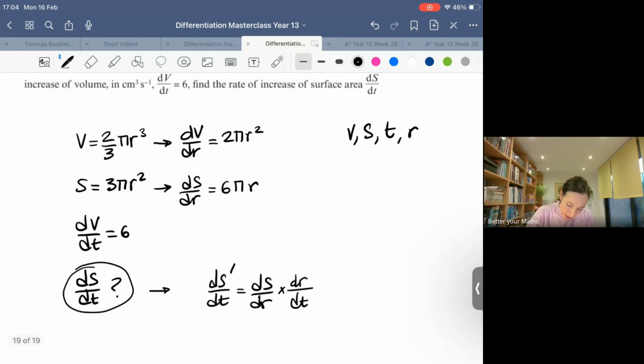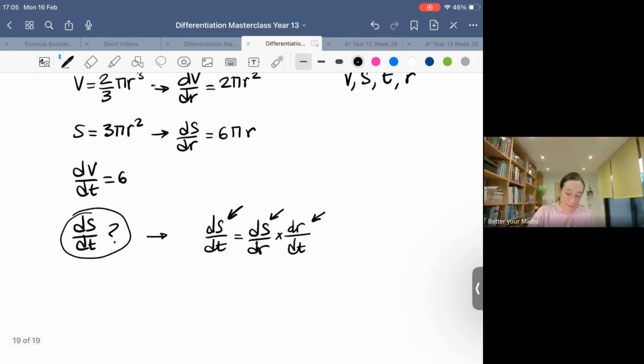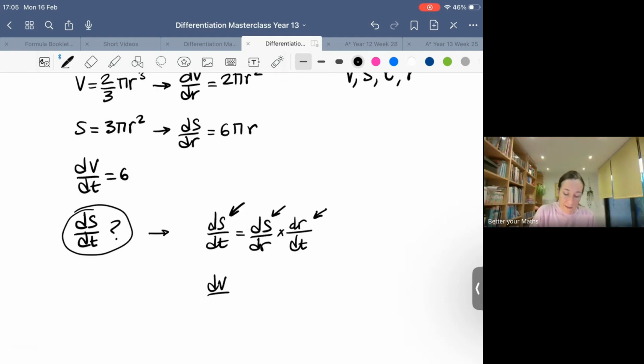I need this one. I have this one. And I don't have this one. Where am I going to get that one from? From another chain rule. But now I'm going to use the volume. What can I write? dv by dt. Who can tell me this one?